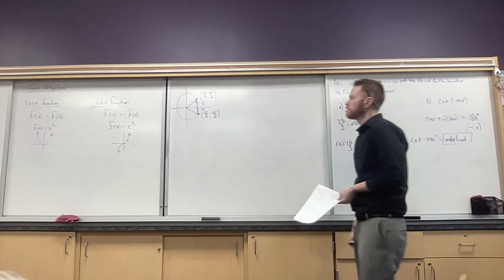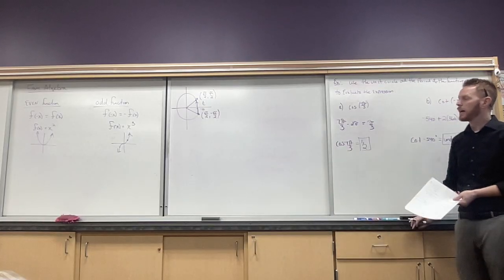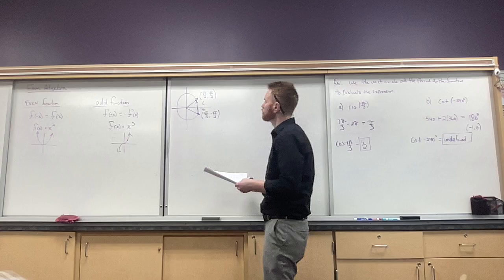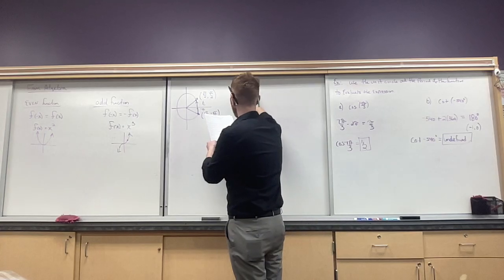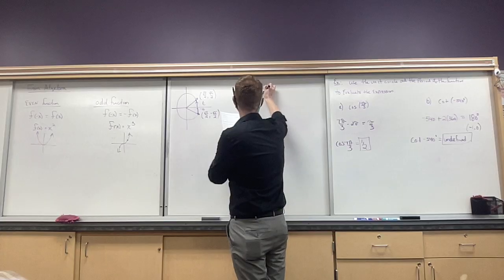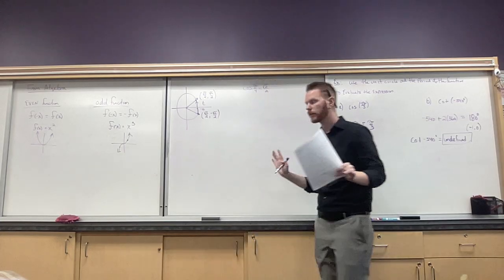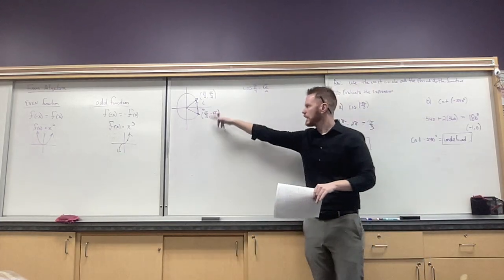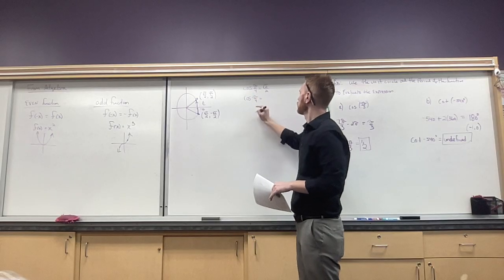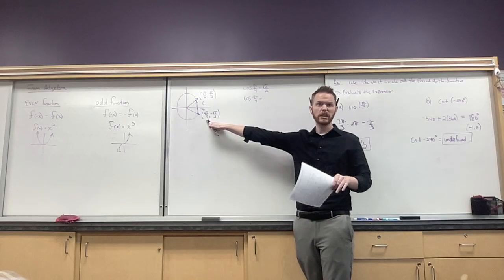Now, one of the things we can look at is sine and cosine. Let's look at cosine first. Notice that cosine of pi over 4 is square root 2 over 2. But if I go in the negative direction, cosine of negative pi over 4, well, isn't it still square root 2 over 2?